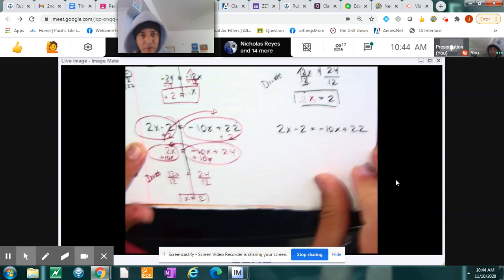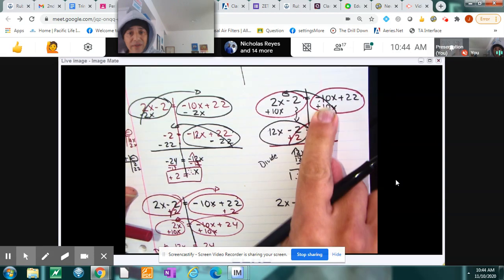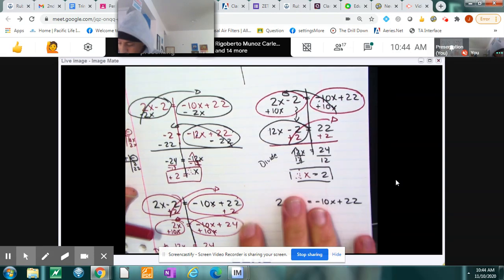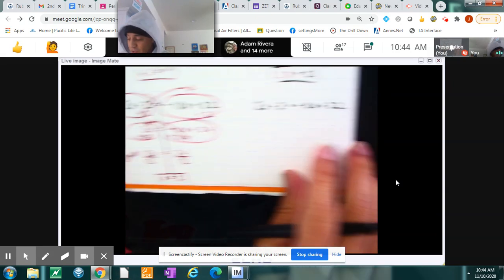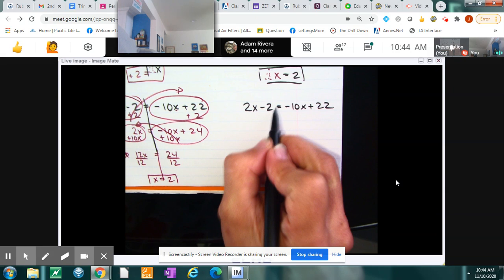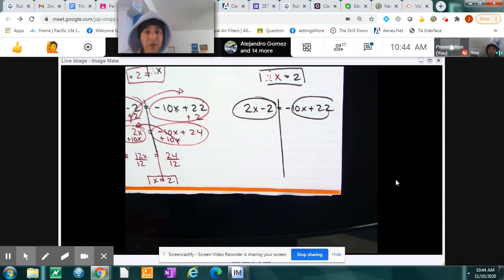Look, we got rid of the 2x first, the negative 10x first, the negative 2 first. And what's left? The 22, right? So here are my x's, if I keep circling. So let's get rid of the 22.